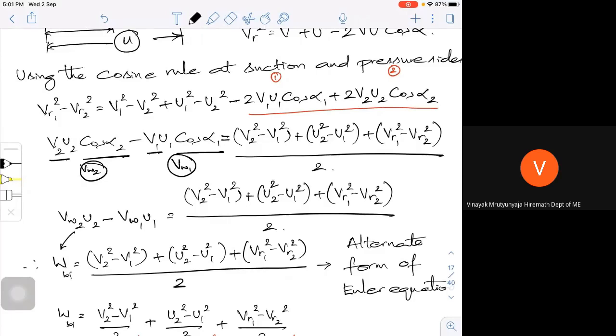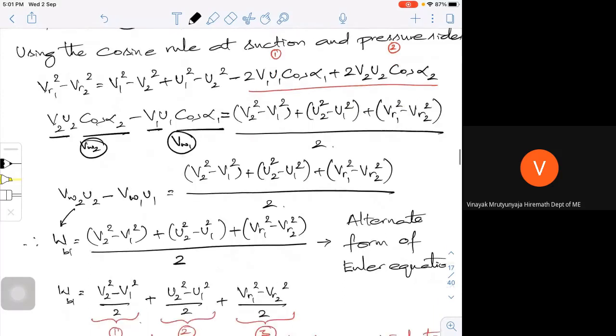And what is this actually? This is your blade work done or specific work done. So I'm writing it as equal to V2 square minus V1 square plus U2 square minus U1 square plus VR1 square minus VR2 square by 2. This is called the alternate form of your Euler equation.